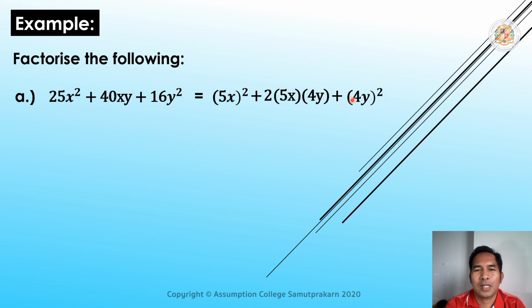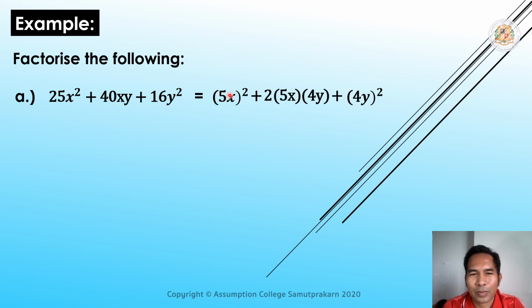Okay, now you will check this one. Yes, the first term is a perfect square. The last term is a perfect square. But you will have to check the middle term. Because if this middle term is not equal to this middle term, that means this is not a perfect square.